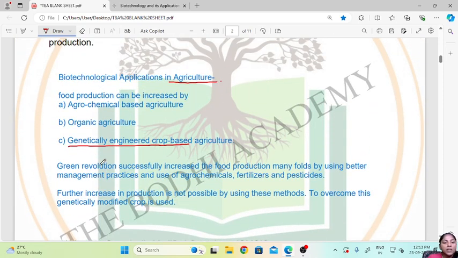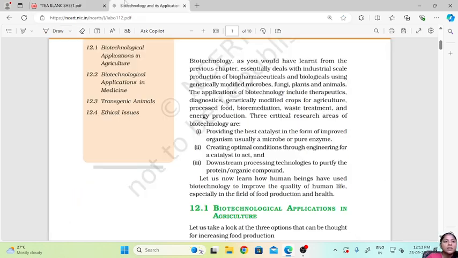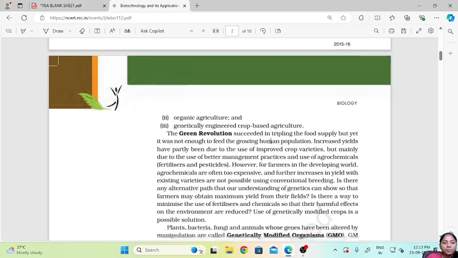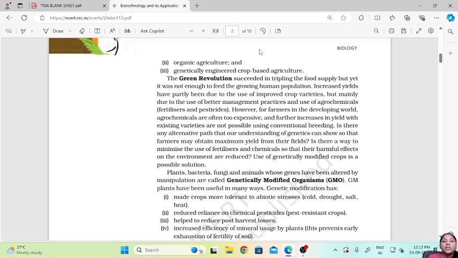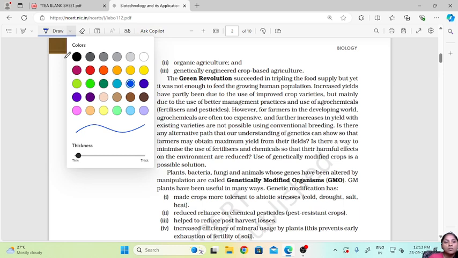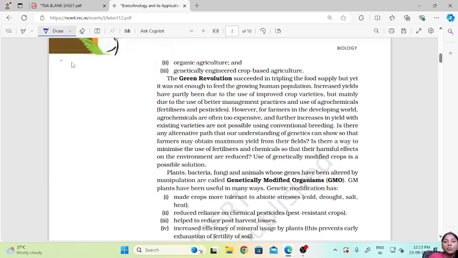The Green Revolution successfully increased food production many folds by using better management practices and the use of agrochemicals, fertilizers and pesticides. The Green Revolution succeeded in tripling the food supply, but still it was not enough to feed the growing human population.